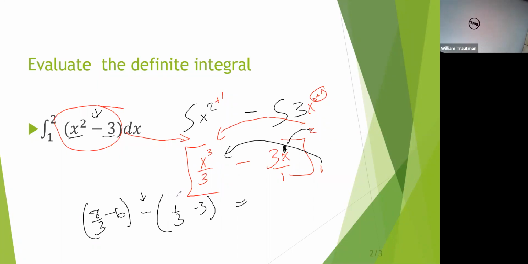And so I'm going to put all that on my calculator, nice and simple. 8 divided by 3 minus 6, and I get an answer. And then I'm going to subtract, parentheses, 1 divided by 3 minus 3, close parentheses, and I get an answer.